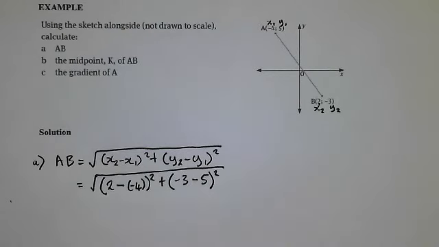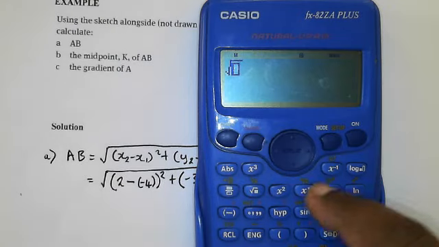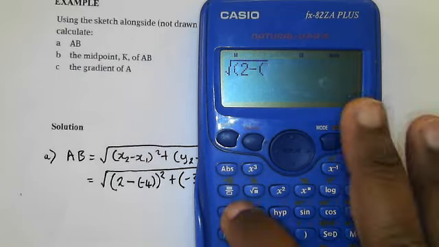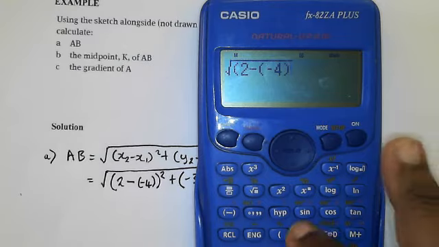So we're just going to use a calculator to find that. Okay, so in the calculator, we're going to press the square root there. Okay, there's the button. Right, open brackets, 2 minus, because we are subtracting a negative number, negative 4. Don't worry, the calculator is going to sort that one for you.